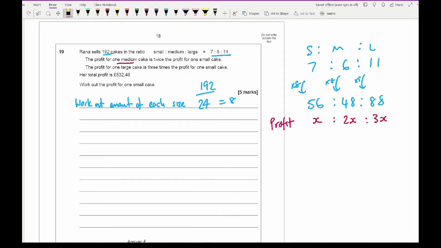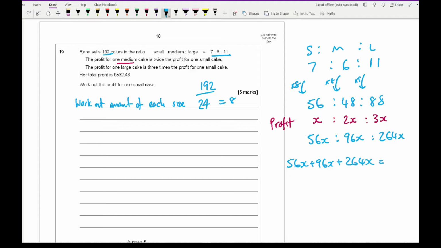From this, what we then need to do is multiply each of these. So this is going to be 56x, it's going to be 96x, and this is going to be 3 times 88, which gives me 264x.